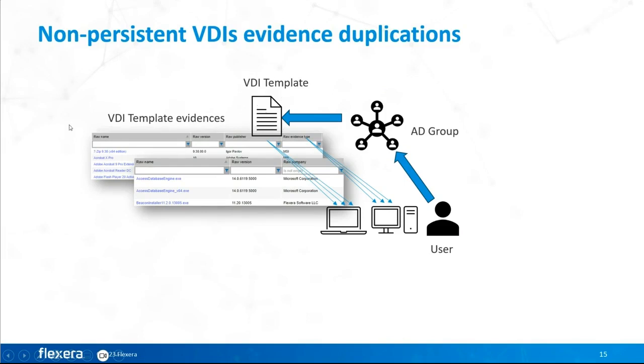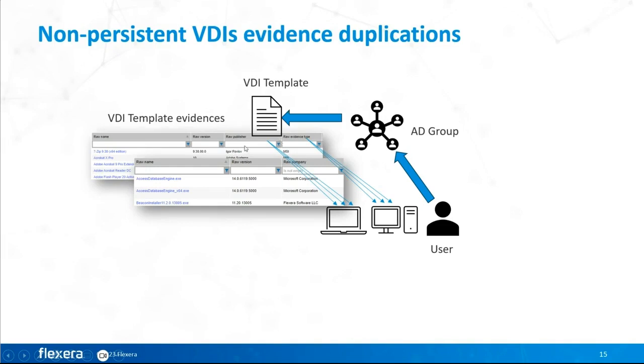Each VDI template has evidences, which could be executable, so file evidences, or add remove program evidences. And the mechanism during the import is that we know which users have access to which AD groups, which are mapped to which VDI groups, which in the end give access to some templates.